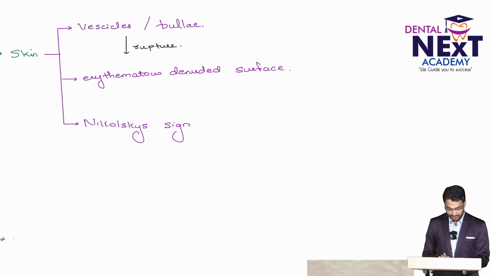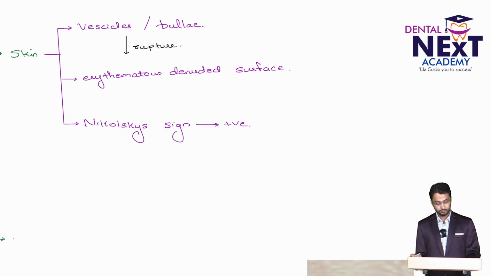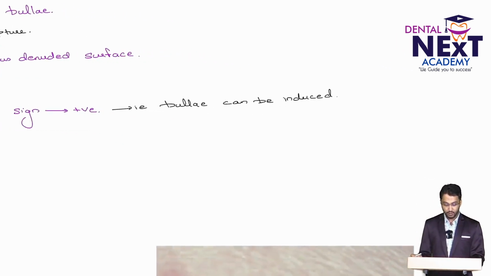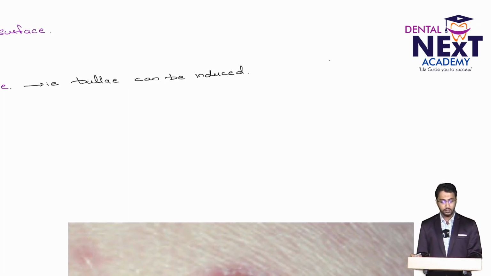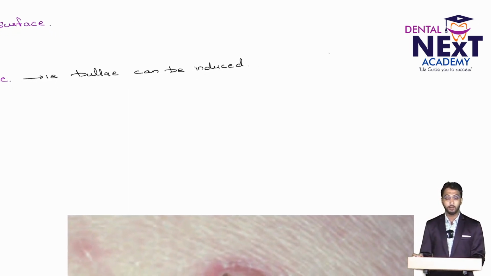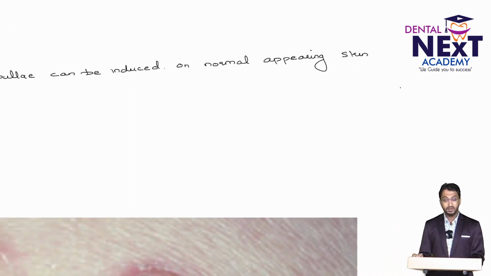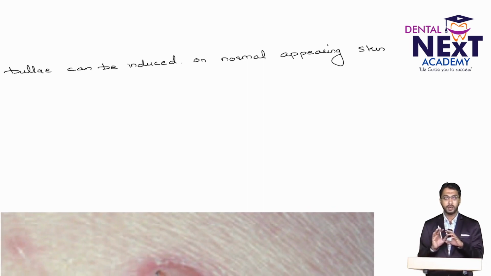One thing very, very important you will see in pemphigus vulgaris, and in some other lesions but more importantly here, is that Nikolsky's sign is positive. If you have started your MDS preparation, you are very much aware of this. So what is Nikolsky's sign? Bullae can be induced on normal skin. Imagine a patient with pemphigus vulgaris who doesn't have any bullae, but is suspected to have it.